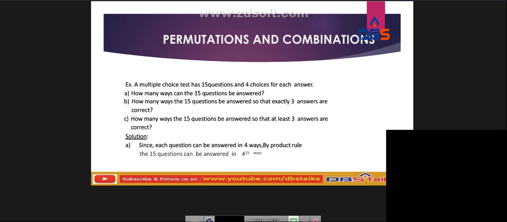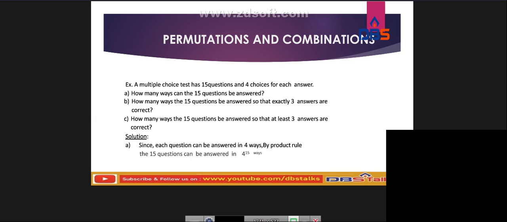Each question can be answered in 4 ways: maybe A, B, C, or D. Since each question can be answered in 4 ways, by the product rule the 15 questions can be answered in 4 power 15 ways.